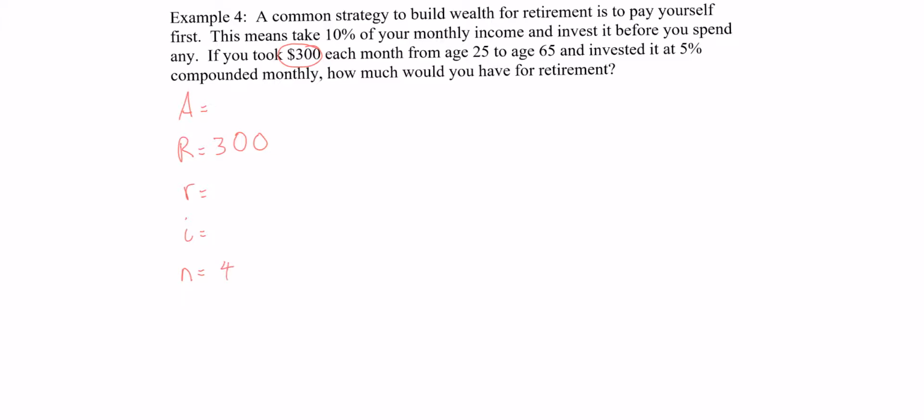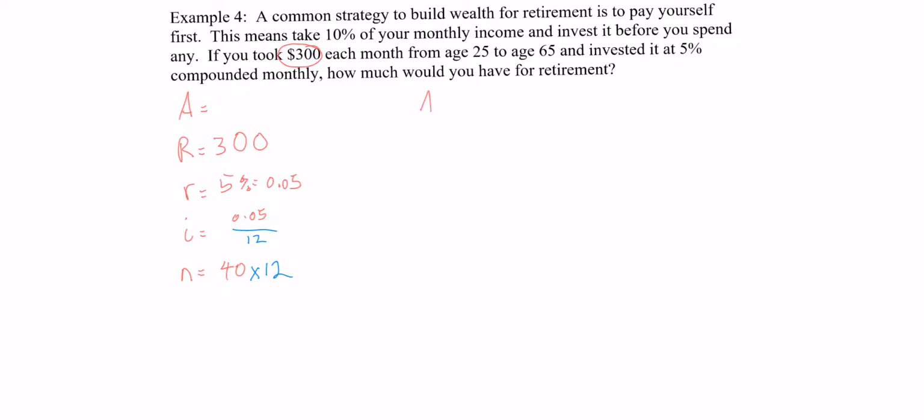For N, we're going to start with 40, but because it's every month, we're going to multiply that by 12. Now, as for the rate, it's not 10%, it's actually 5%, which is equal to 0.05. And I is going to be 0.05 divided by 12 since we're paying monthly.